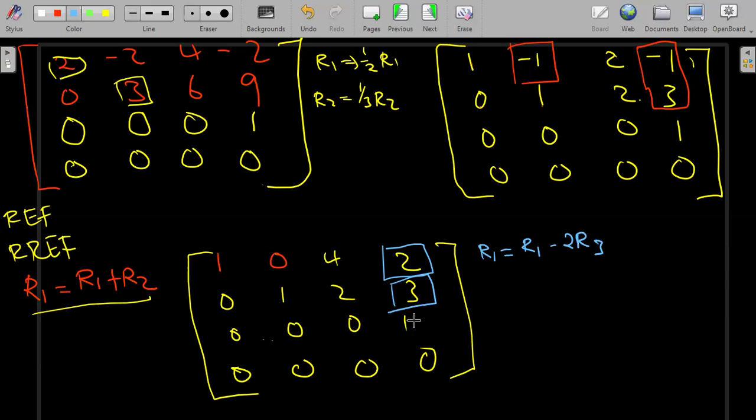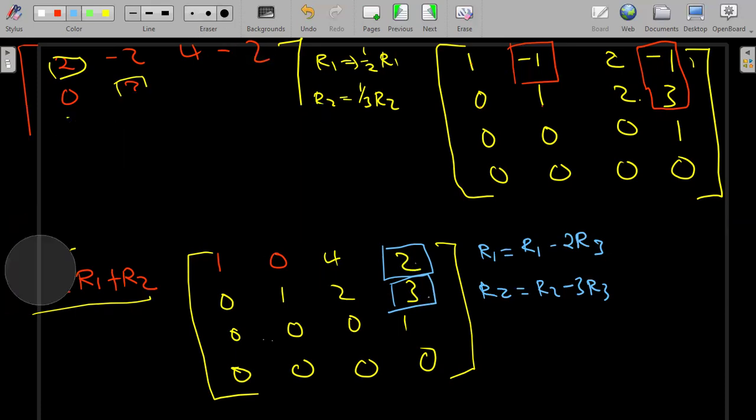On row 3 I have a 1, so I can take advantage of that, because I know the others are 0, so nothing else will change. And then my new row 2 will be row 2 minus 3 row 3, because here there is 1. If we apply that, this 2 and this 3 are going to disappear.